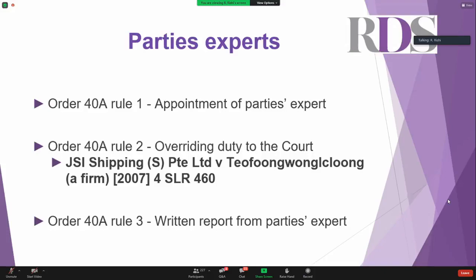And then if there is conflicting evidence insofar as the parties are concerned, if the other side has tendered expert evidence, naturally there will be a clash.